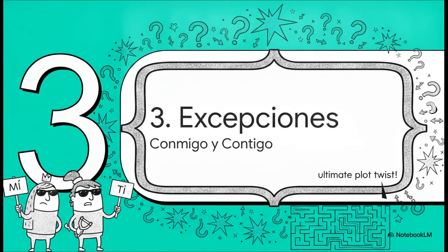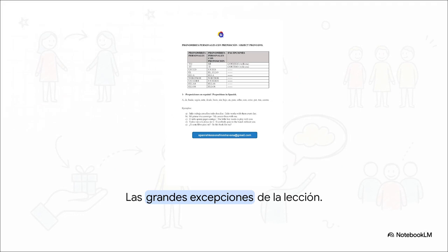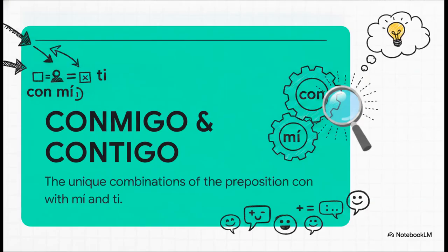Which brings us to Section 3, las excepciones, conmigo y contigo. Notice that right next to our rebels, mí and ti, there's this extra category for excepciones. And here's the kicker. These exceptions only happen with one highly specific preposition. That preposition is con, which just means with. So here is the absolutely crucial point. When the word con meets our rebel pronoun mí, you do not say con mí.